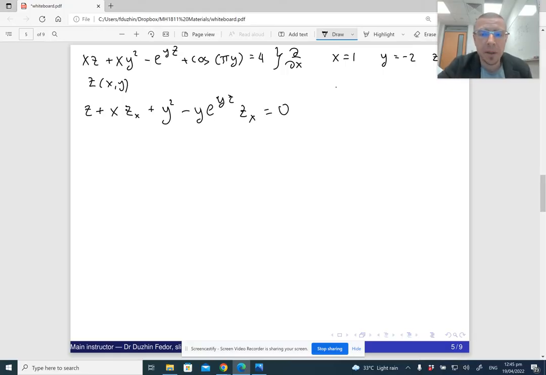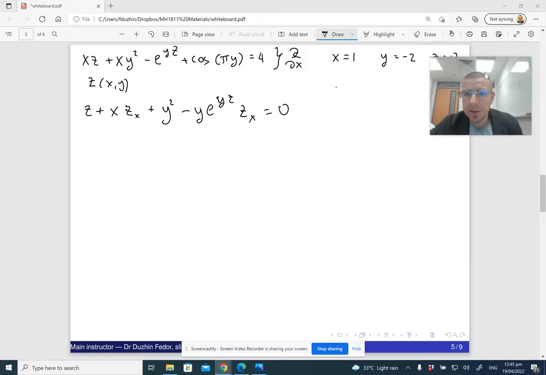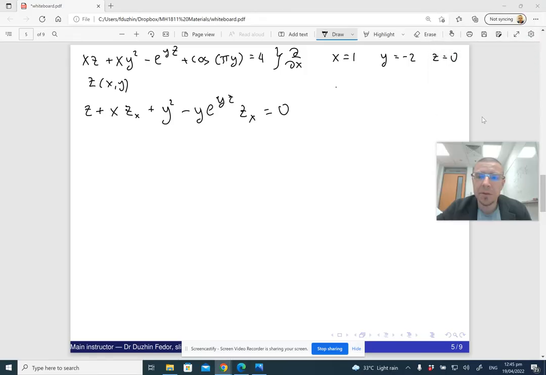Oh yeah, by the way, I forgot to do one little thing. I forgot to check that the given point satisfies the equation, because if it does not, then any further calculations do not make sense, and we just report that it's impossible to compute because the question doesn't make sense. So it's better to substitute the given values of x, y, and z into the equation and check that it actually works.